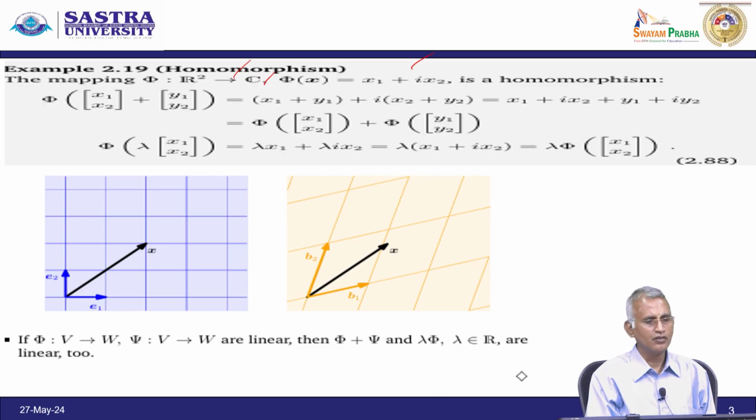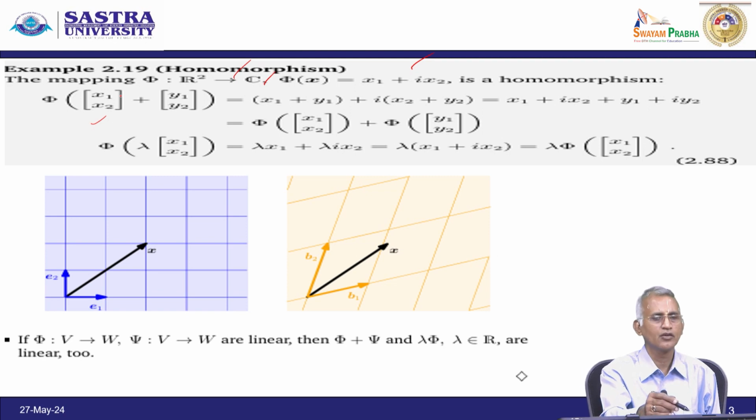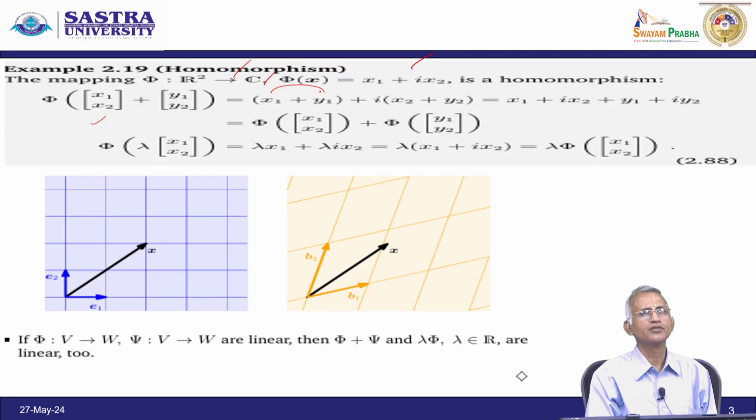Now, you take phi of (x1, x2) plus (y1, y2), then the real part x1 plus y1 adds, and the imaginary part x2 plus y2 adds, into i. Therefore, x1 plus i x2 and y1 plus i y2, that is the mapping from domain to codomain.